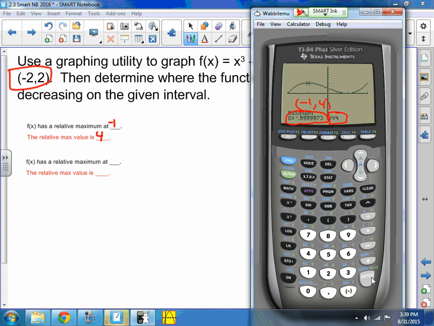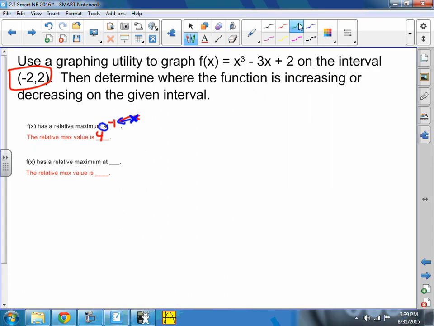So if they ask you where it is at, you give the x. If you see the word "at," use x. If they say the relative max "is," then you use the y coordinate. So -1 is for where it is at, and 4 is what it is. So the answers to this are -1 and 4. Make sure you know that.